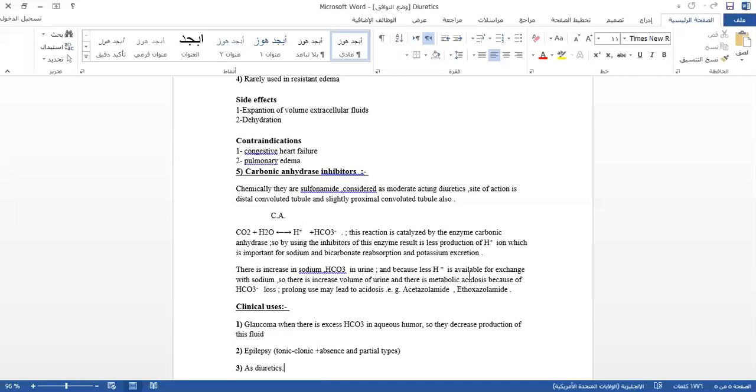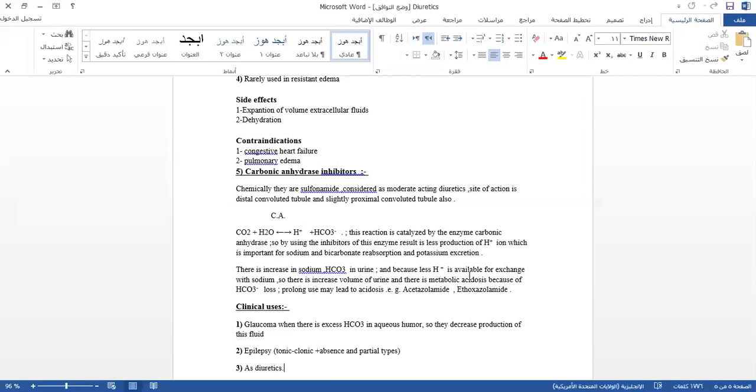While the adverse effect in the high efficacy diuretics is metabolic alkalosis, due to loss of chloride more than bicarbonate, as we see. For example, the carbonic anhydrase inhibitors acetazolamide or ethoxzolamide are examples.